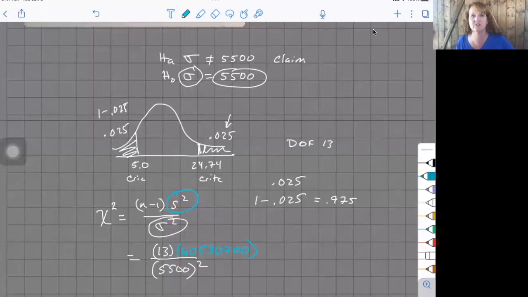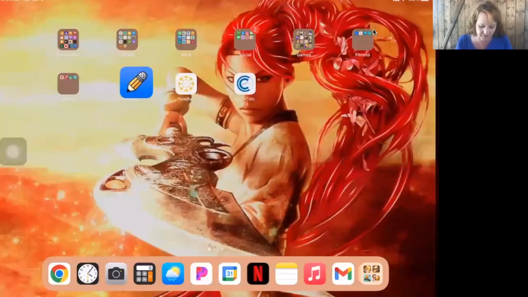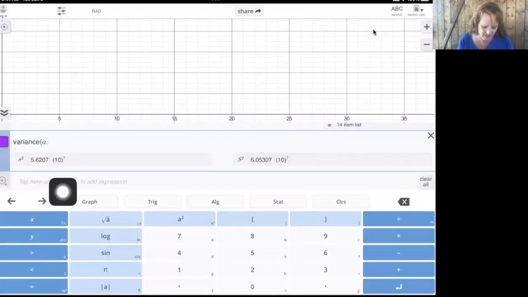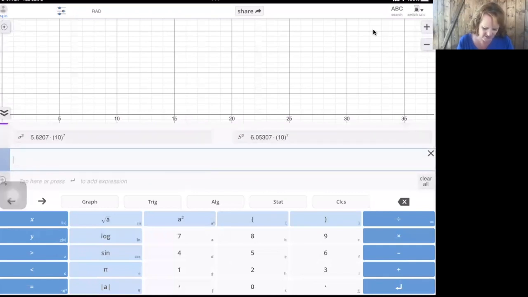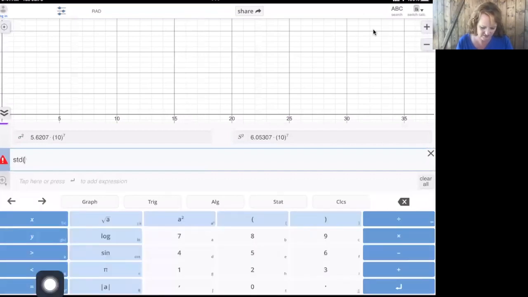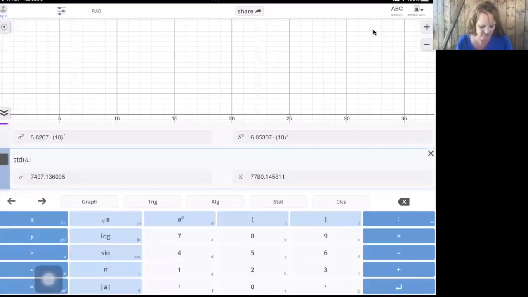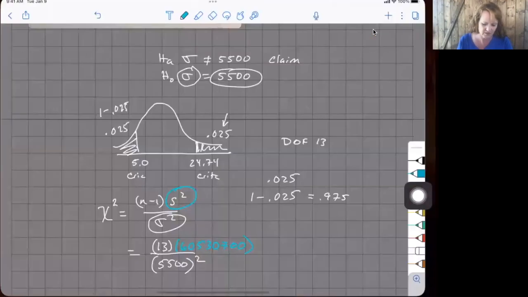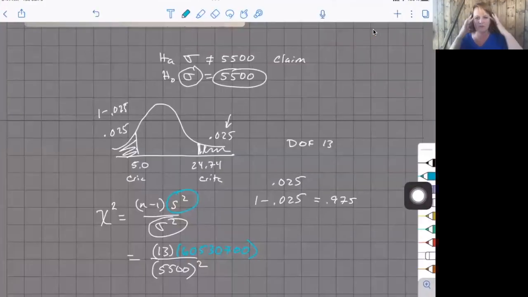Now that's the variance, so it's already squared. If you want to square the number yourself, you can do that: you come down here and do the standard deviation of A. And that's going to be this 7780. And you're going to square that number and you'll get the number that I just wrote over there. So it doesn't matter how you do it, but just keep in your brain, if you wrote down variance, you don't have to square it again. If you wrote down standard deviation, you do.